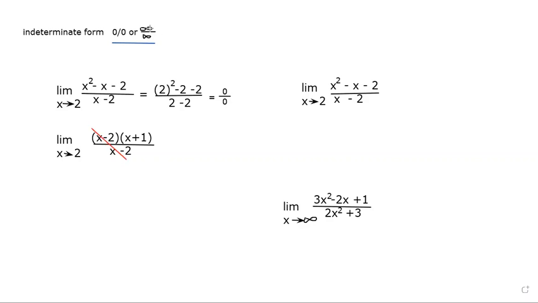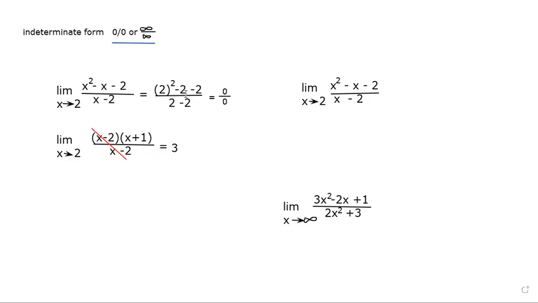And what are we left with? We're left with a simplified version of this: the limit of x plus 1 as x approaches 2. We simply plug our 2 in. 2 plus 1 gives us 3. That was the first way that we learned how to solve a problem that ended up in indeterminate form.